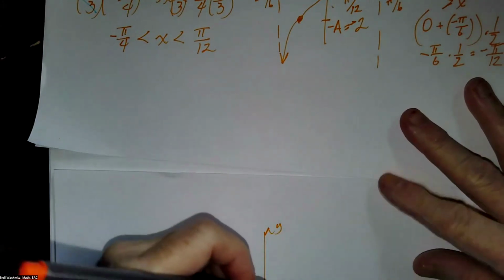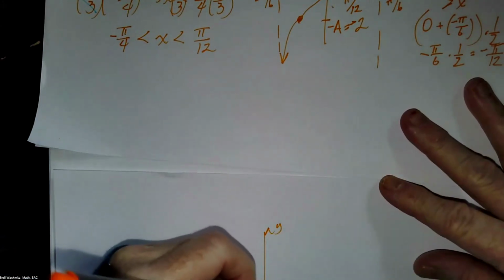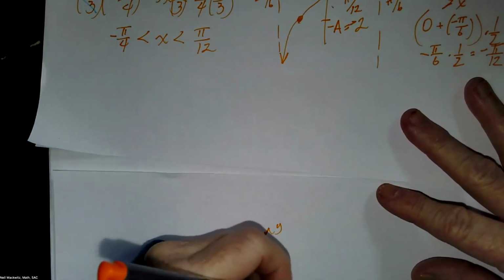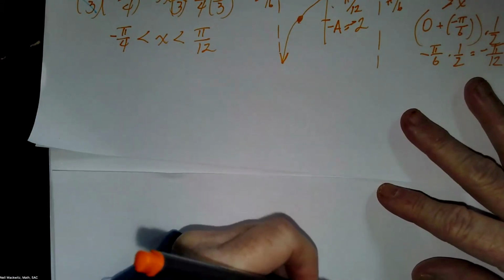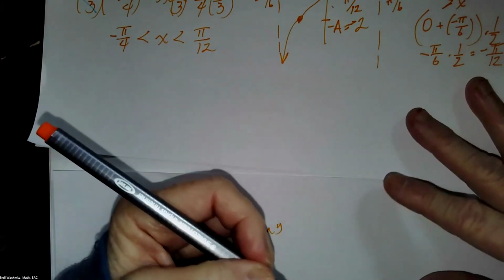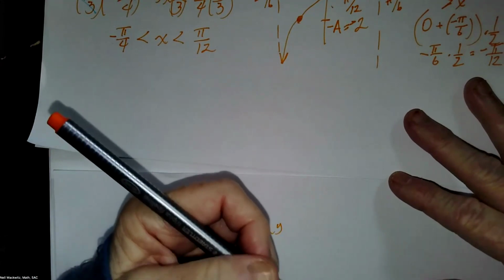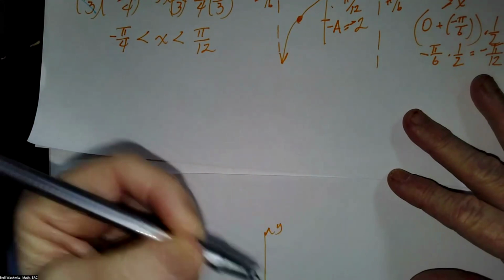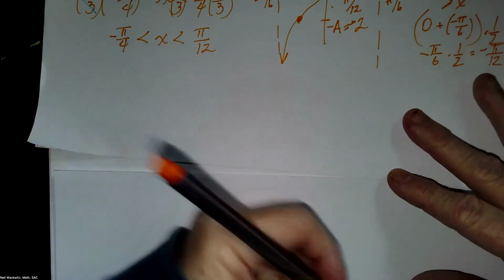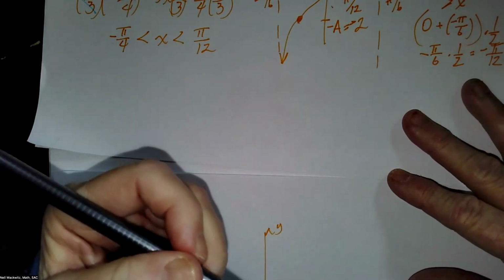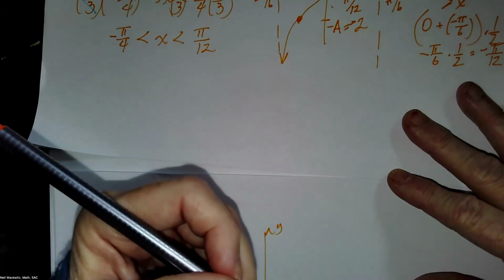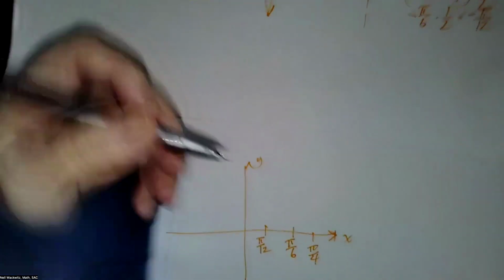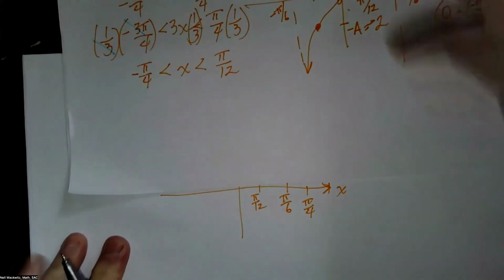Let's see. 1 pi over 12, 2 of them, that's pi over 6. 3 of them, 3 pi over 12, that's pi over 4. And then that's 4 pi over 12. Miss, we can't see the graph. There we go. Thank you so much.